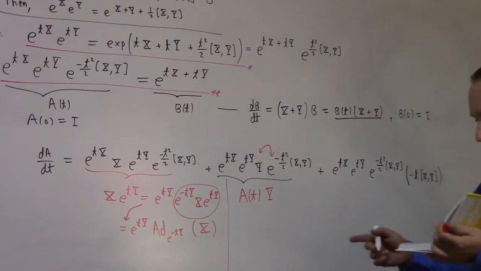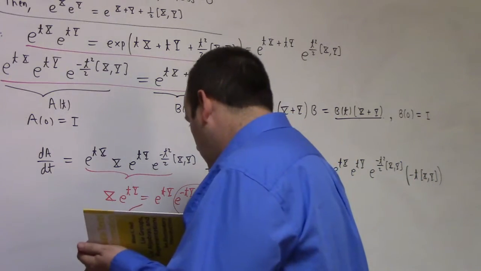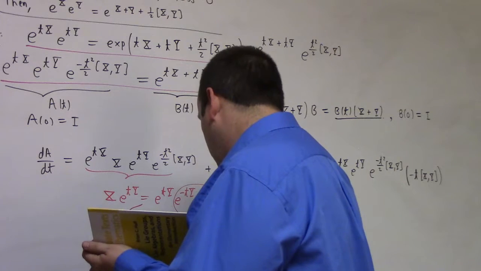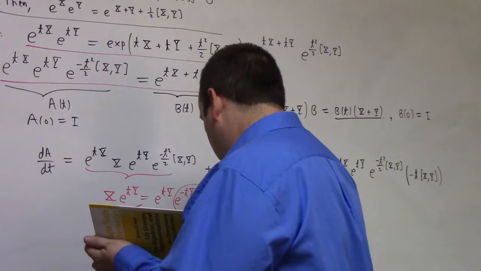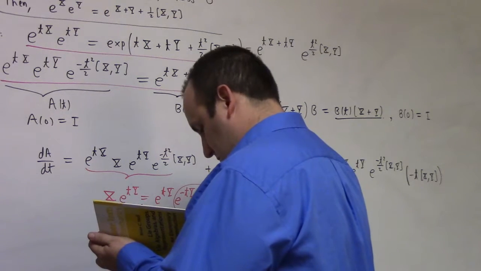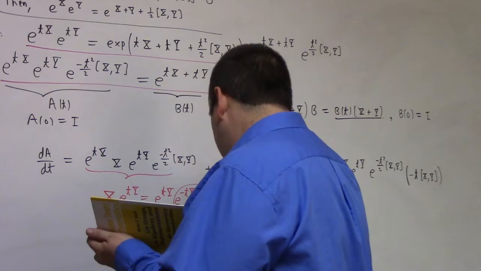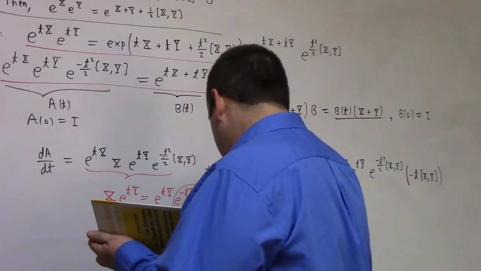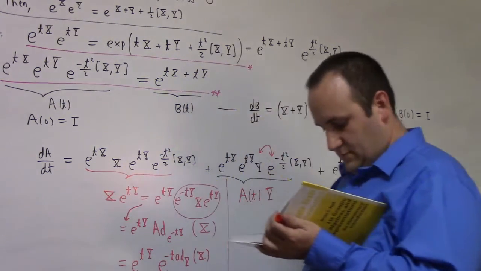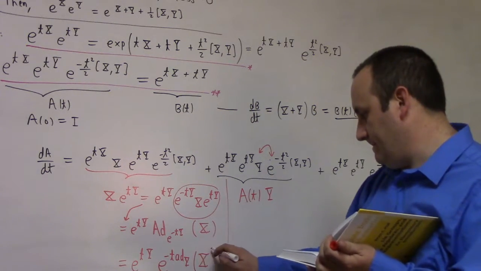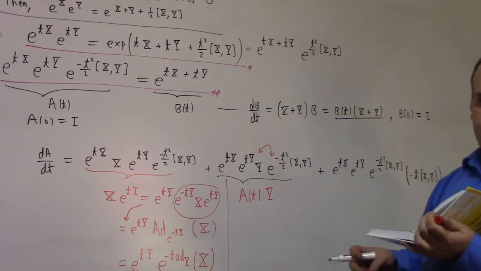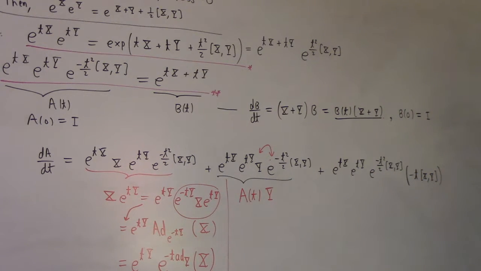So this guy here is e to the ty, and then we've got the exponential of minus t times the little adjoint sub y of x. This is an operator, so the exponential of minus t ad y is understood to be an infinite series of operators.